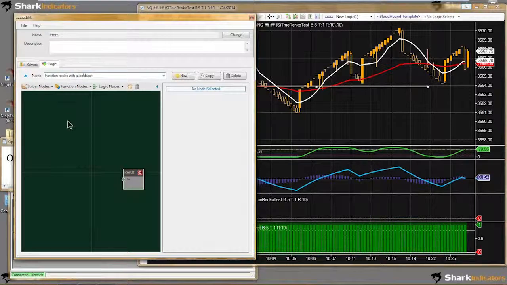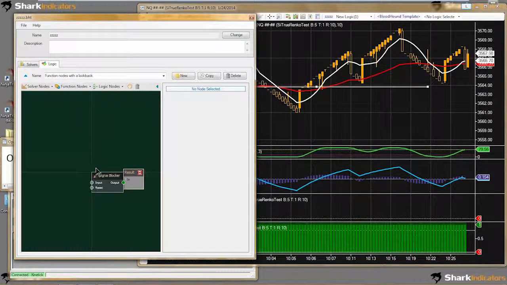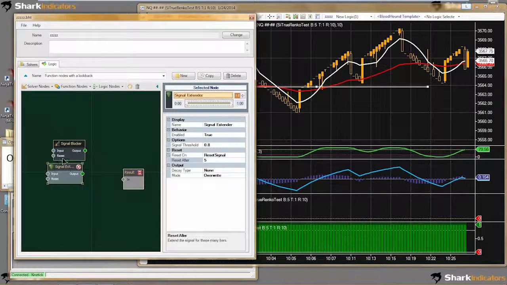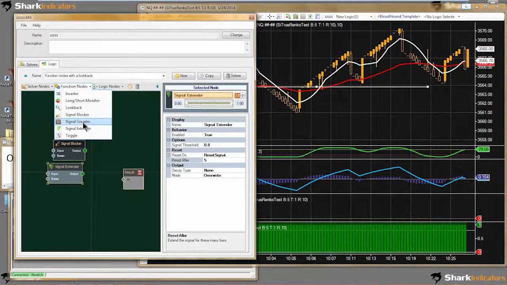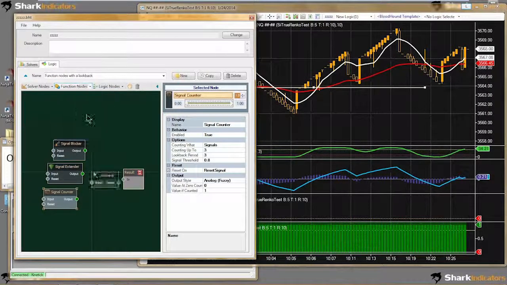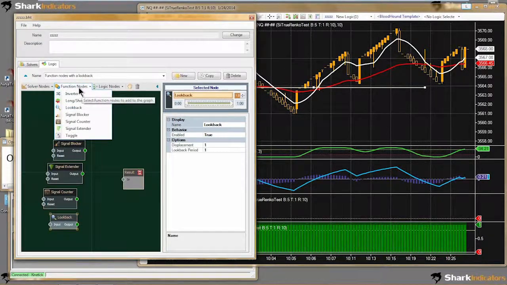Some of these function nodes that have a look back component to them, which would be the signal blocker, the signal extender, the signal counter, obviously the look back, and maybe a couple of others as well. Probably the toggle. No, I don't think the toggle node does.